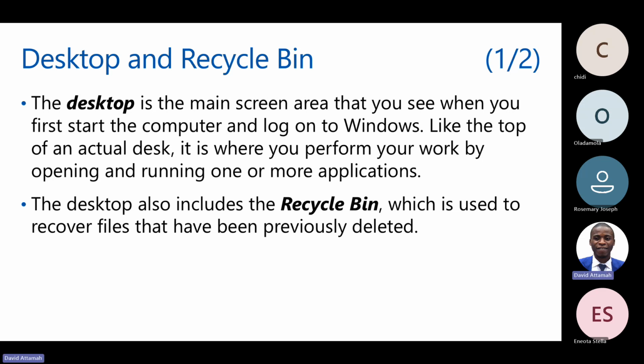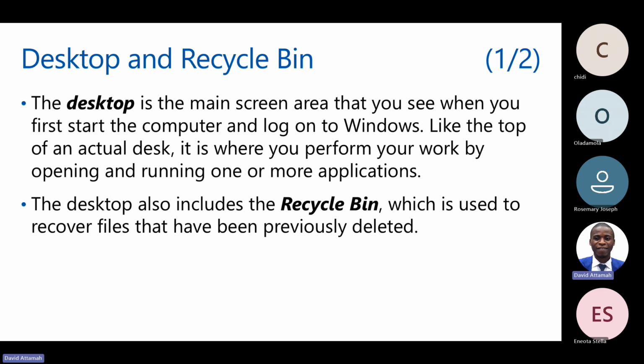So the desktop is what you see as soon as you log into your system after booting. That's the desktop. Then the recycle bin is where files you delete go to first.